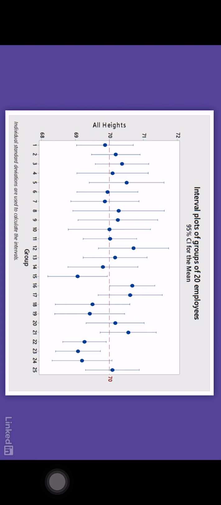Notice that most of the intervals include the population mean of 70 inches. Maybe 1 or 2 does not. This isn't a surprise because if we had 100 groups, we would have 100 sample means and 100 confidence intervals. Since the confidence level is 95%, chances are 95 of them will include the population mean and 5 will not.